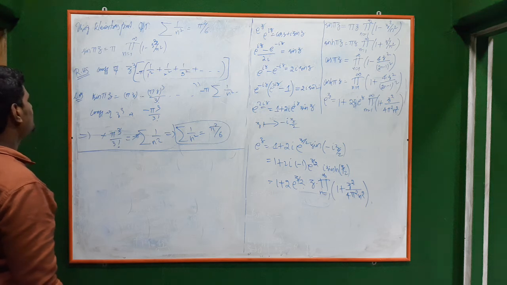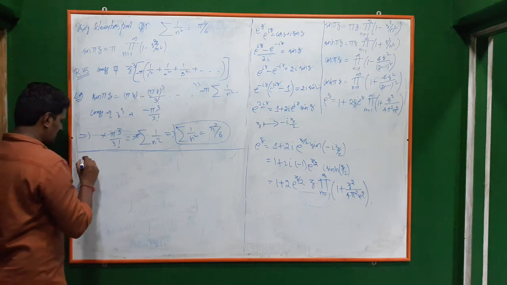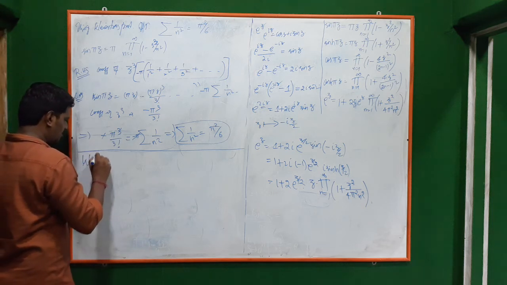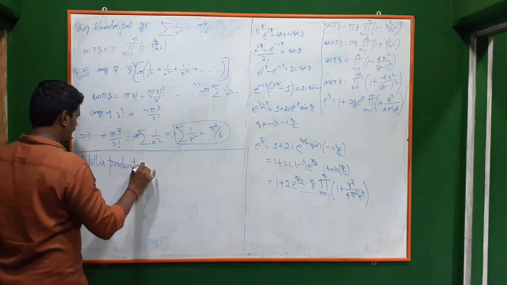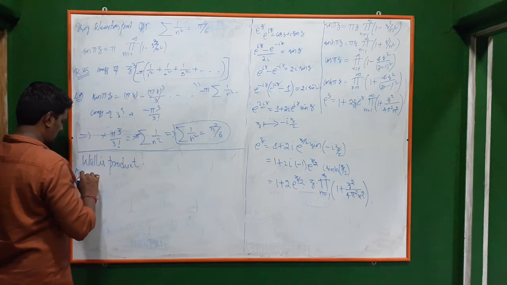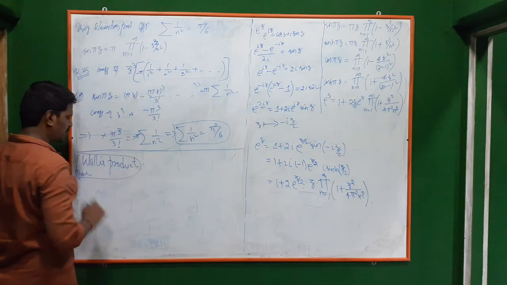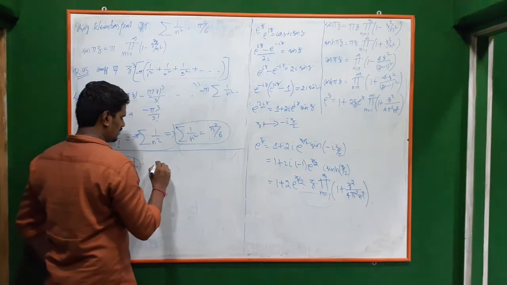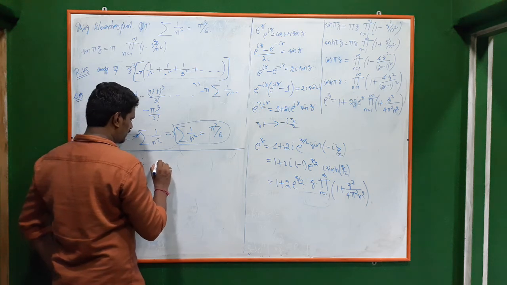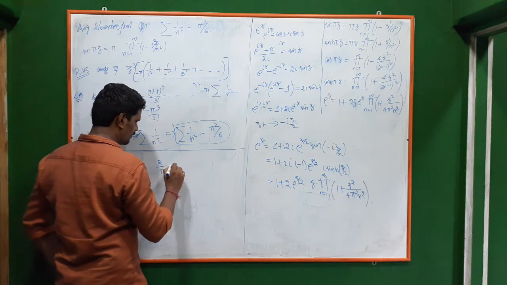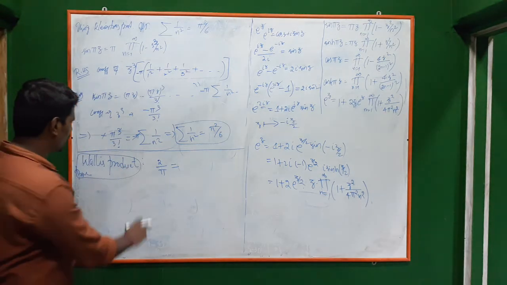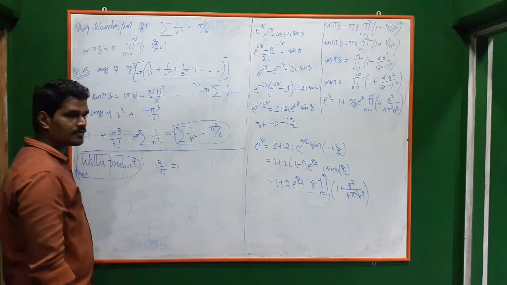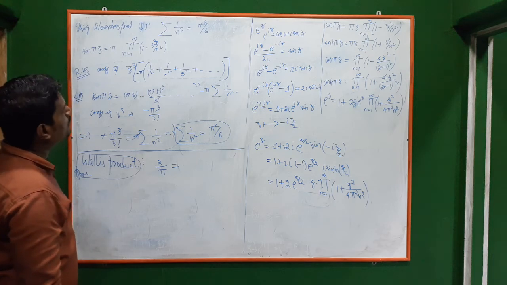And next is the Wallis product. There is something called the Wallis product. So prove this product. This product is nothing but finding the value of 2 by pi. Use sin pi z and find the value of 2 by pi.